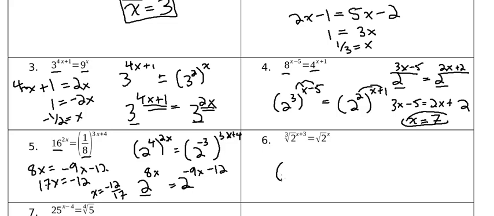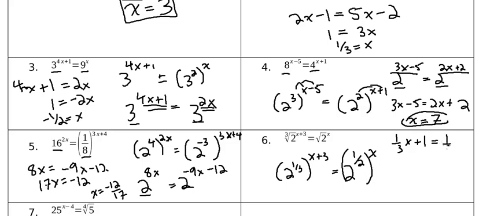Cube root is really an exponent of 1/3. And the square root is really an exponent of 1/2. All right, so pause the video from here and see if you can finish. So you should distribute the 1/3 up here, and you would have gotten 1/3 x plus 1. Distribute here, you get 1/2 x.